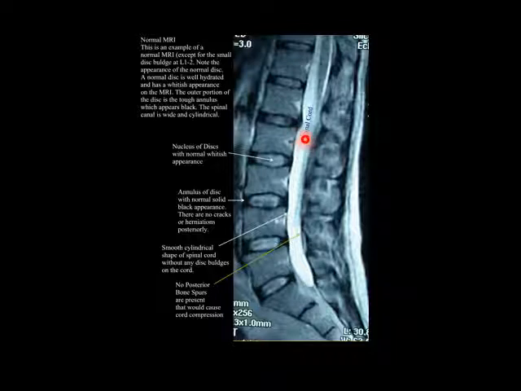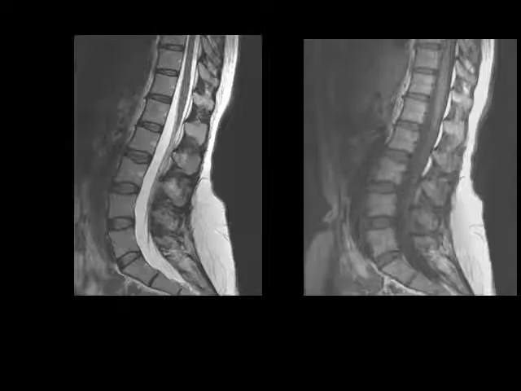It comes out of the thecal sac, then passes inside the lateral recess until it reaches the superior portion of the exit foramen to come out from it, above the level of the disc. We will explain this in the coming few slides.